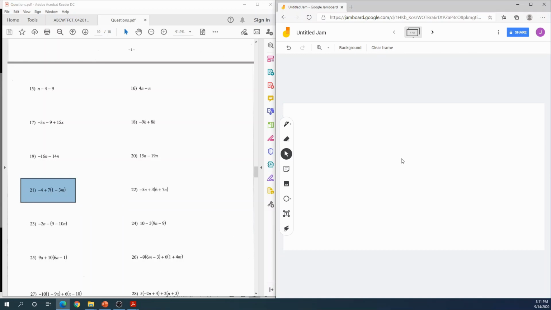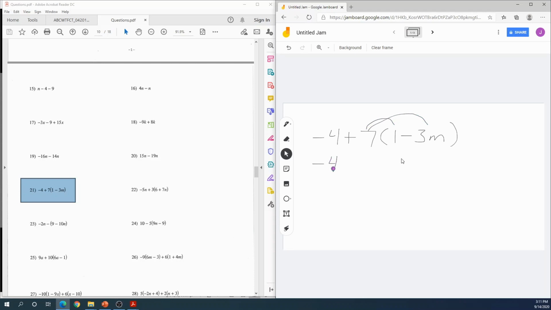So this one we have a minus 4 plus 7 times 1 minus 3m. The first thing we're going to do is our distributive property. So we're going to do 7 times 1 and 7 times minus 3m.